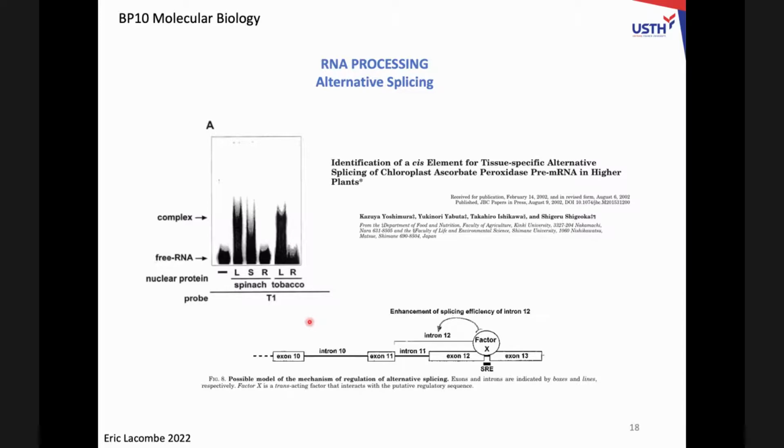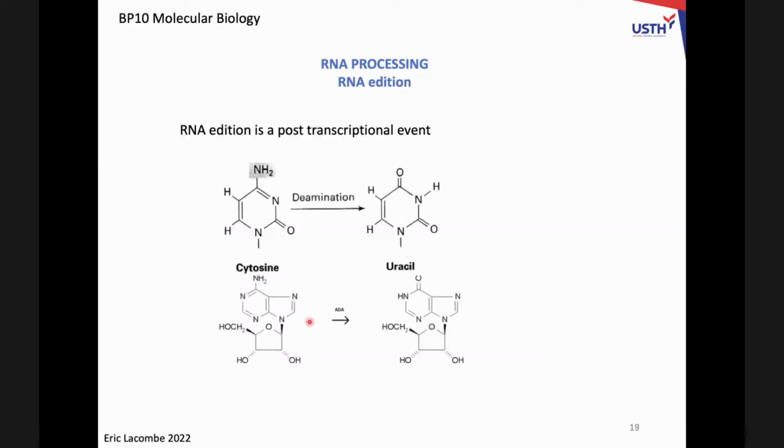Okay. So I will finish very quickly with something you told me that you didn't hear before. It's the last final modification that we can find post-transcriptionally for RNA. It is what we call RNA editing.